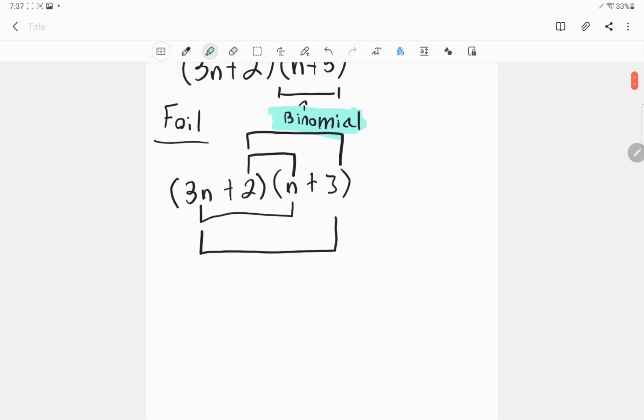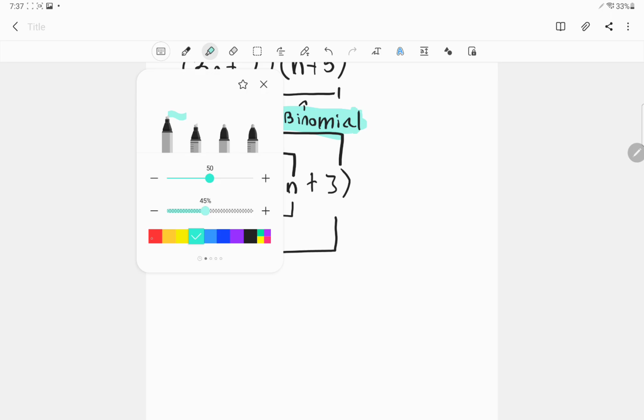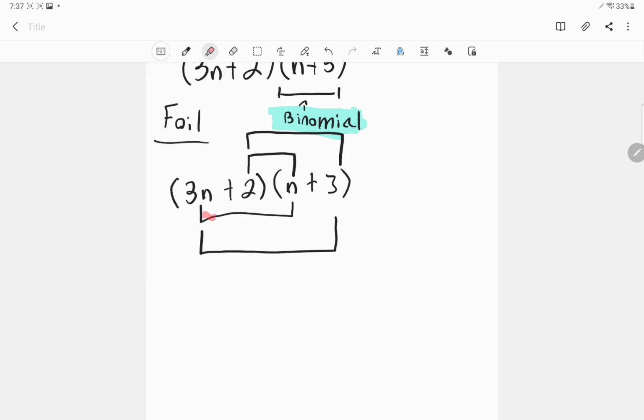So I'm going to color coordinate this, guys, just so I can show you. The first one's going to be red. We're going to color this one red right here. Okay, that one's red. So red, going to highlight it over here, is going to be 3n times n.